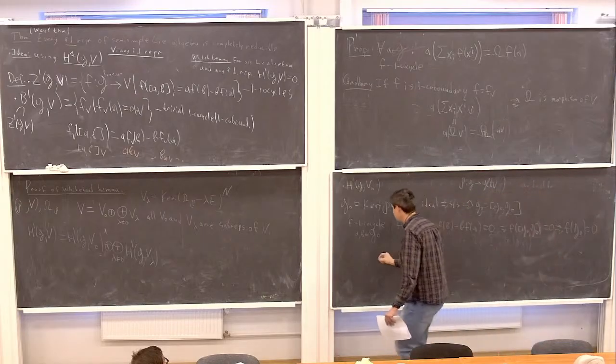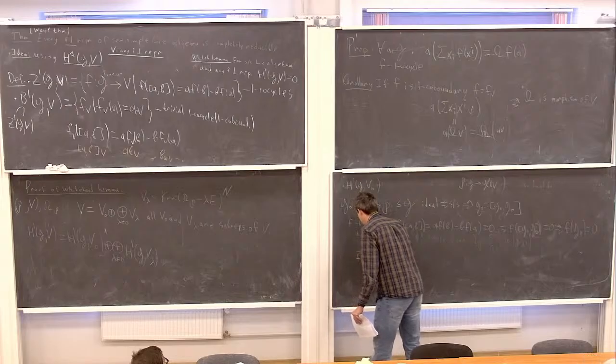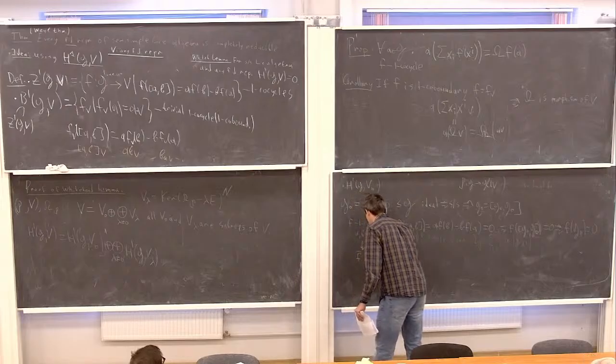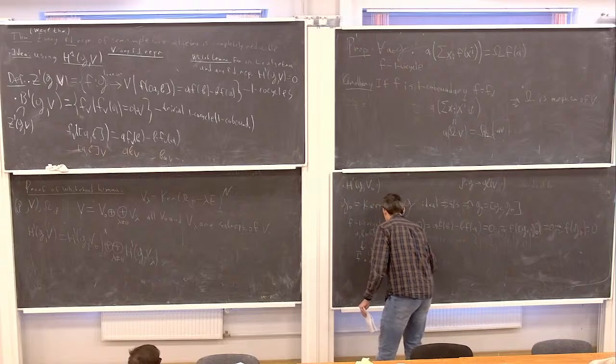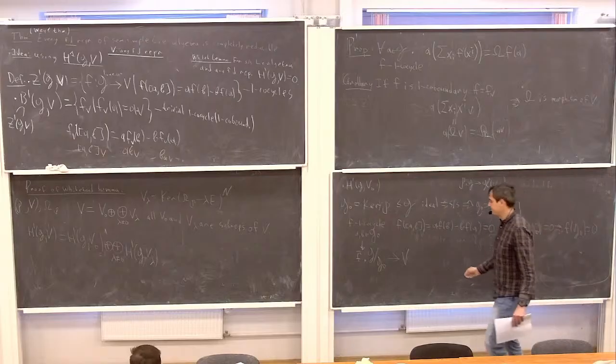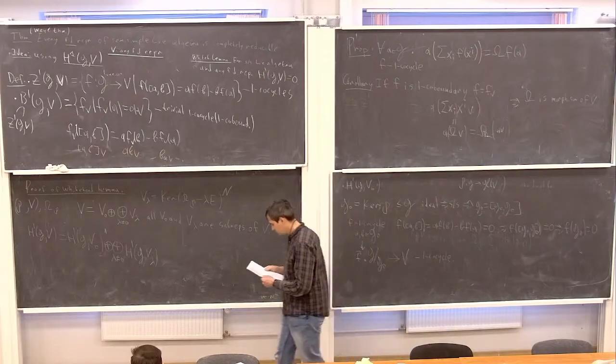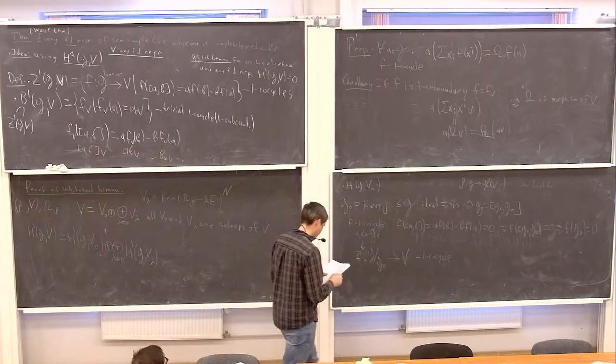But it means that you have a well-defined map from g over g0 to V, right? And it is also a one cocycle.